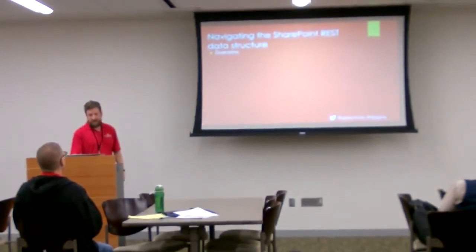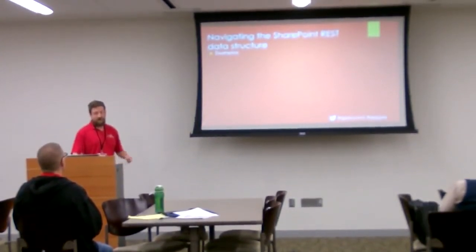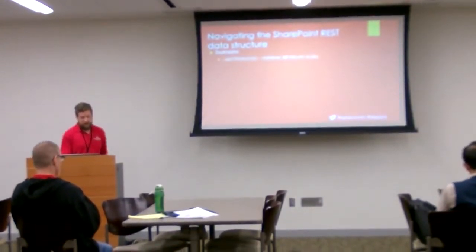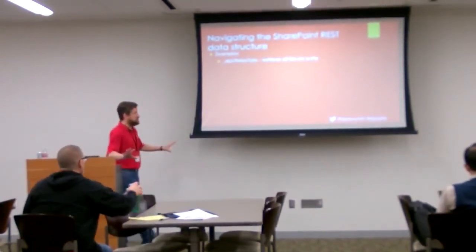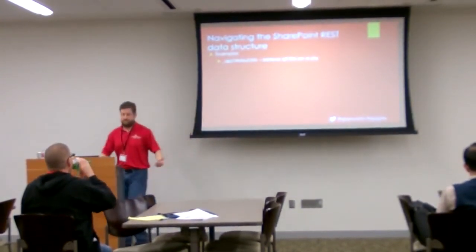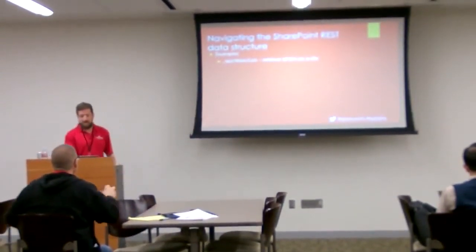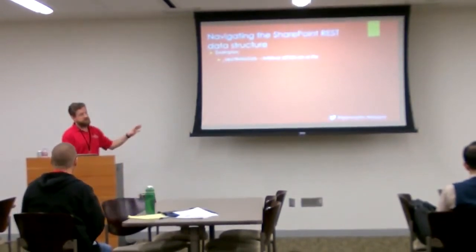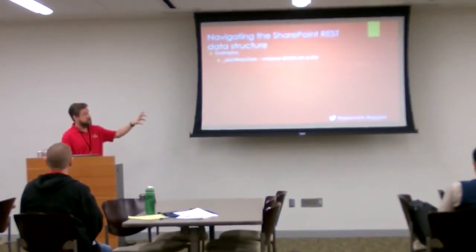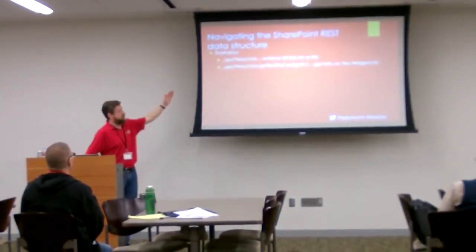So, some examples of the data structure for 2013 now. If we want to retrieve all lists on a web, we would do API/web/lists. Okay? If we want to see all of the information in a specific list, we can say lists/getByTitle.